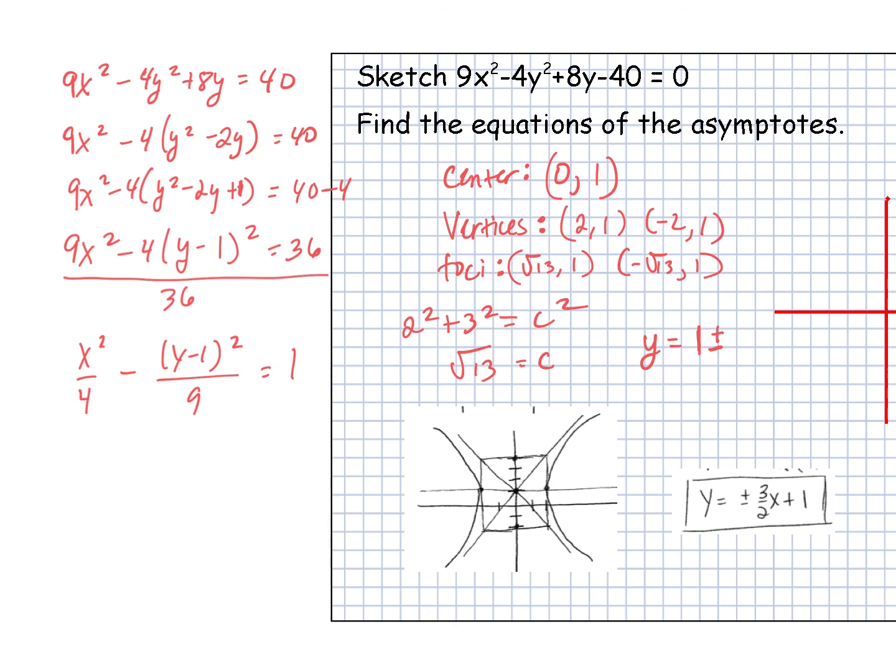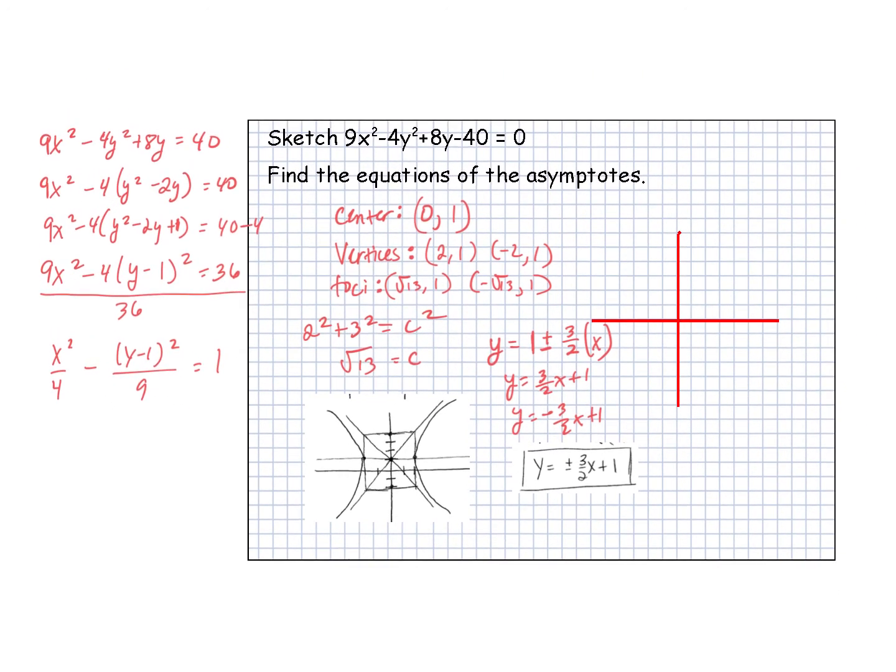Plus or minus b over a, so 3 over 2, x minus 0, so just x. So I have y equals 3/2 x plus 1, and y equals negative 3/2 x plus 1. So that's all my key information. Right now I want to put it on the graph and have it come together for us.